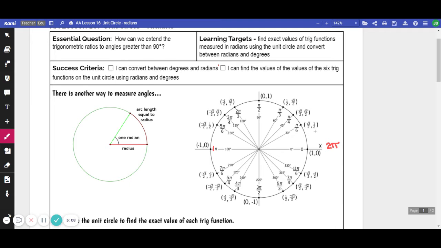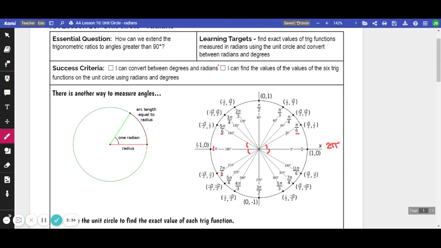So what I want you to notice, because these are a little bit tough, is that all of these inside angles, so this one and this one, all the ones that are closest to the x-axis, those all are something over 6. And anytime you see it over a 6, that is going to be a 30-degree reference angle.